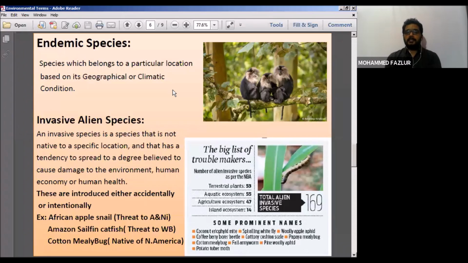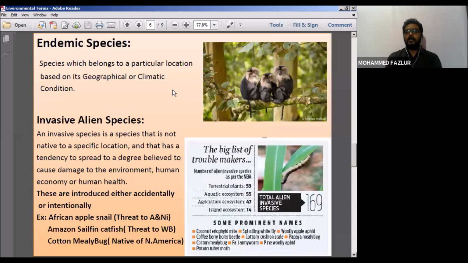Now once these species reach from one particular place to another place, what do they do? They will try to dominate. Invasive alien species are those species which are harmful to the environment. How are they harmful? They will try to dominate. How will they try to dominate?